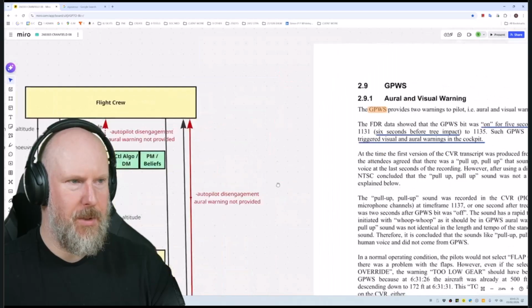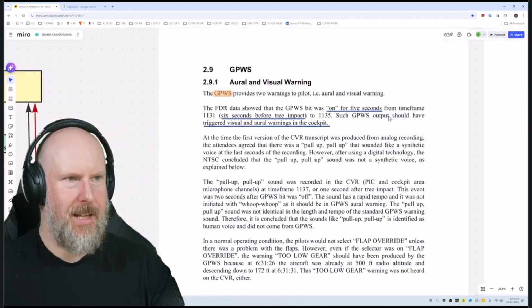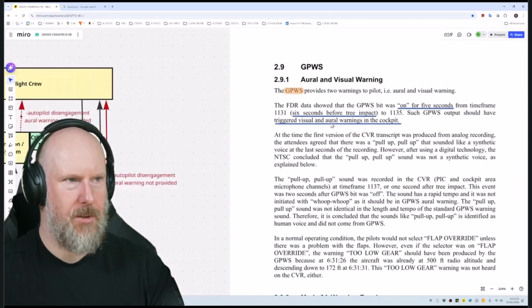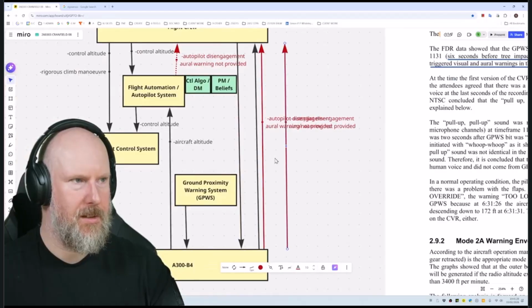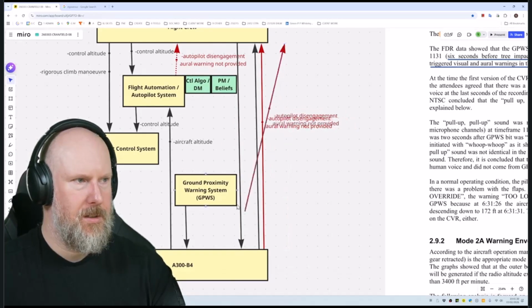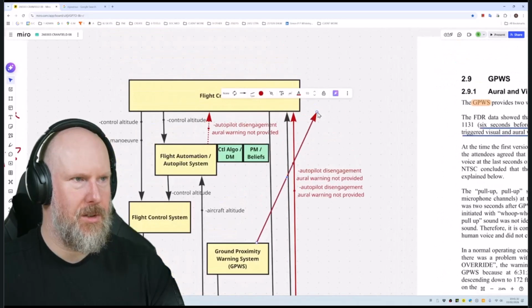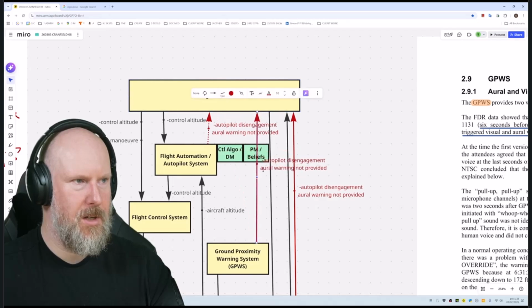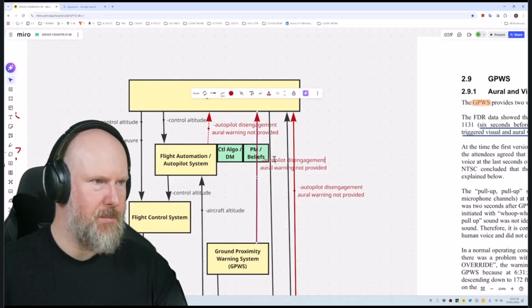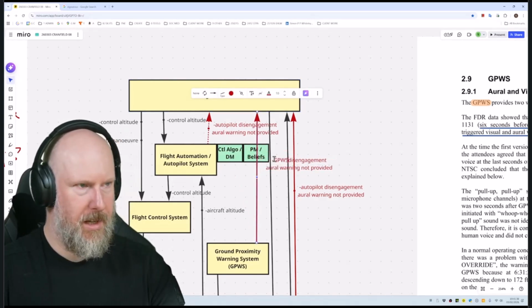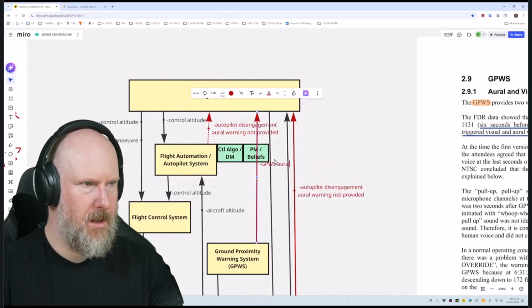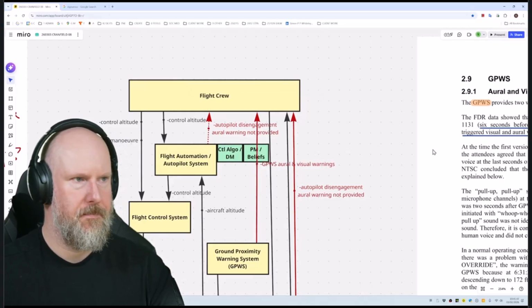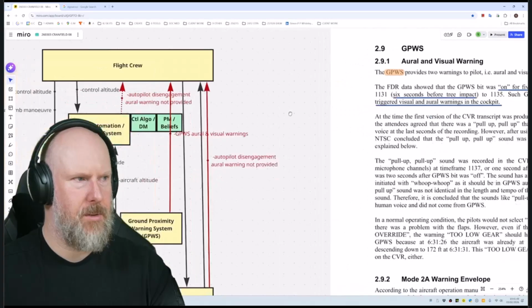We've got a GPWS and its output should have triggered visual and oral warnings in the cockpit. So let's have a look. We've got a GPWS, it should provide some feedback to the crew, and that feedback should be GPWS oral and visual warnings. Is that right? Visual and oral warnings.